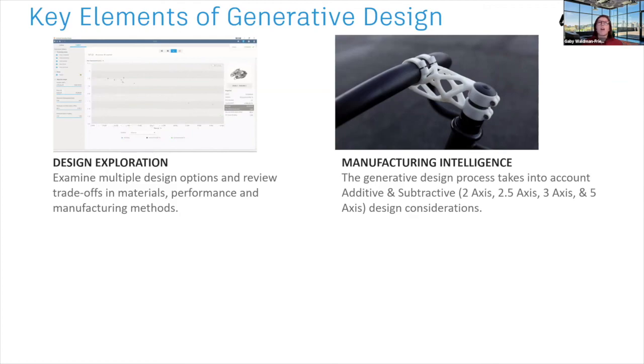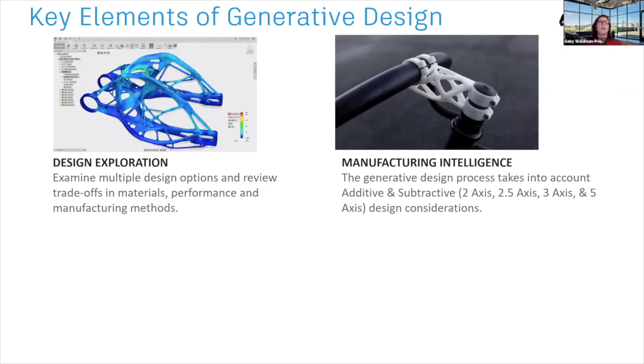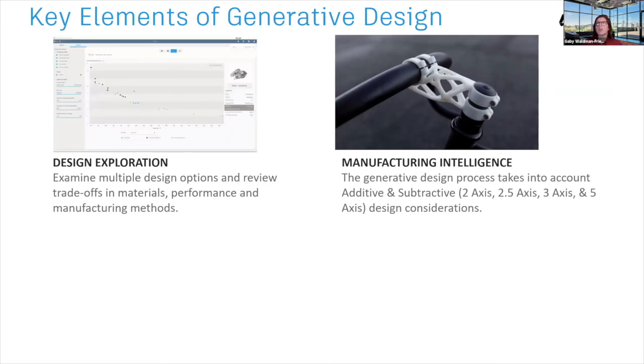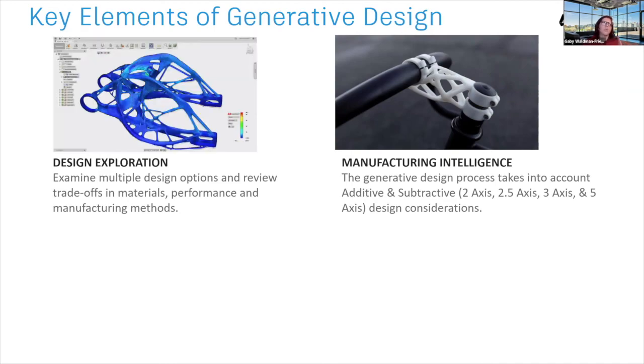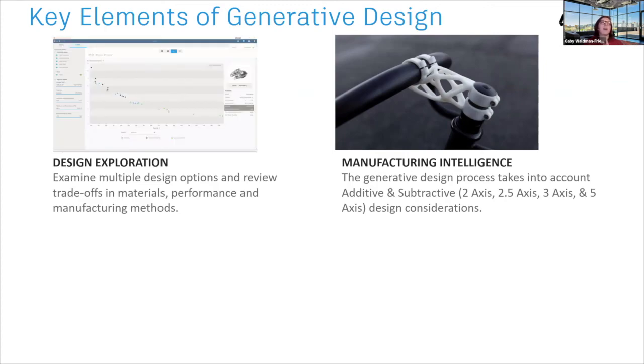So maybe you'll have an aluminum 3D printing outcome, maybe you'll have an aluminum 2D cutting outcome, but you get to take all of these outcomes and compare them side by side and see what the visual differences are, and what the material property differences are. Whereas in simulation you're analyzing one part and seeing how it can be changed, with generative design you're able to create multiple parts simultaneously and then compare them after the fact.